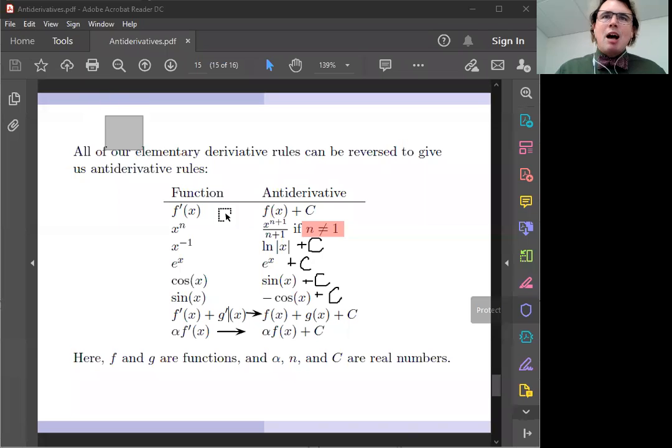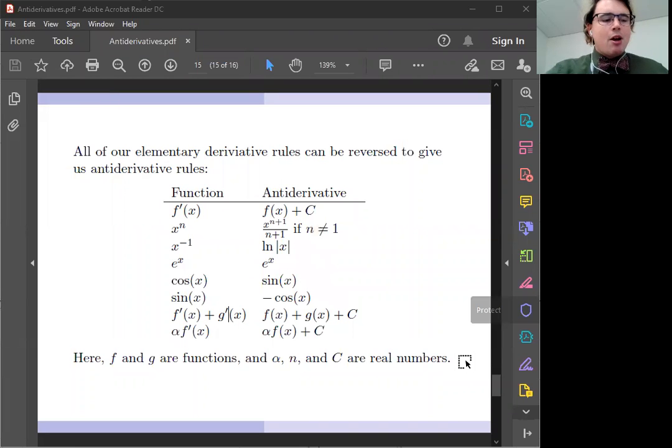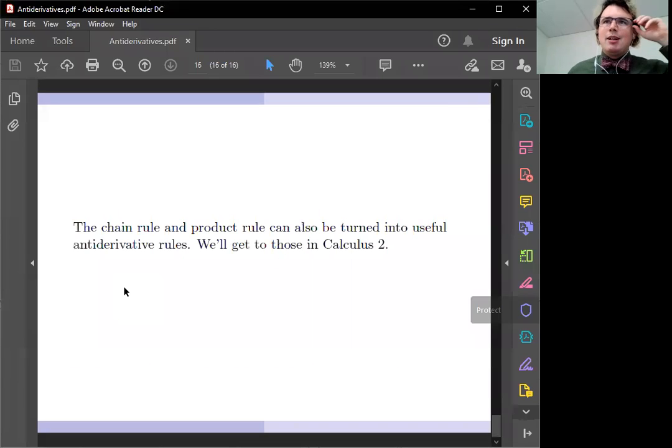So all of these observations, all of these tools, are coming from taking my derivative rules and flipping them around backwards, because now I'm going in the opposite direction. Like I was saying before, every single derivative rule has a corresponding antiderivative rule. For right now, we're going to focus on why you would want to do an antiderivative.